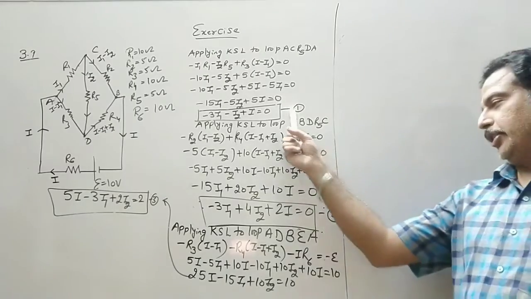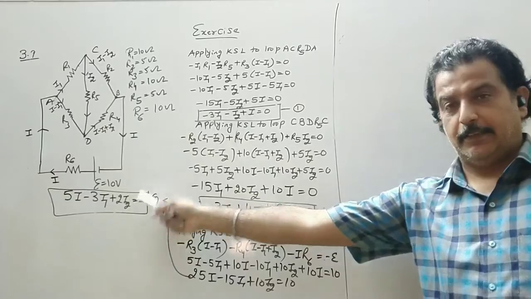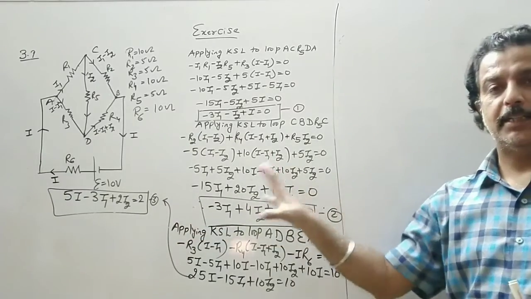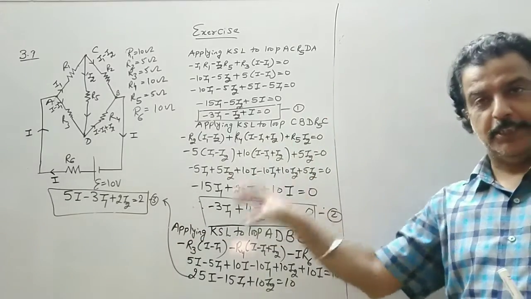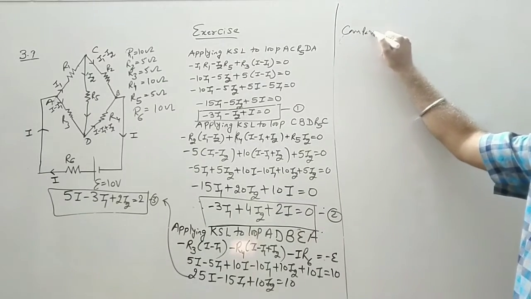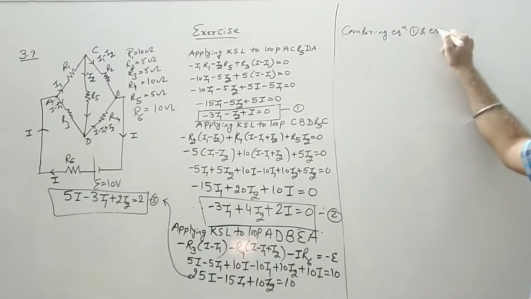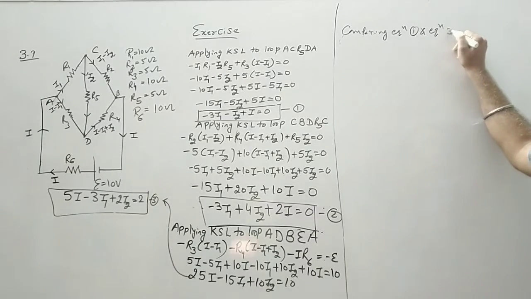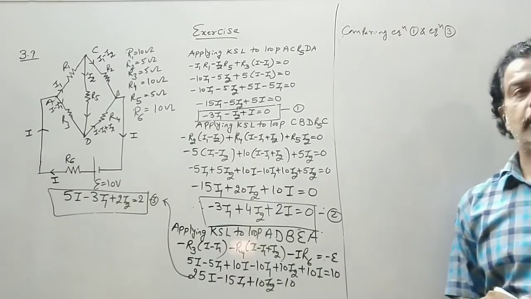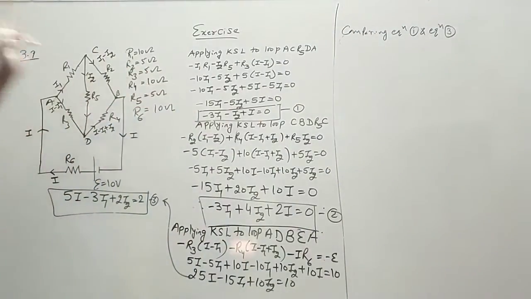Now if we see equations 1, 2 and 3, minus 3I1 is the same, so we can make minus 3I1 the subject. Comparing equation 1 and equation 3, here minus 3I1 is taken as the subject.